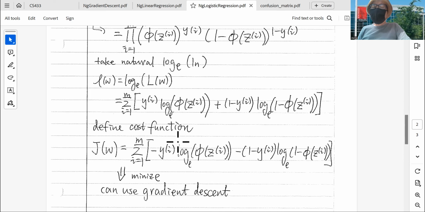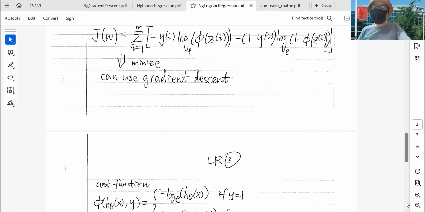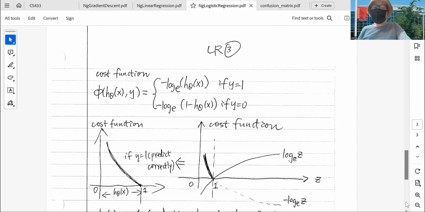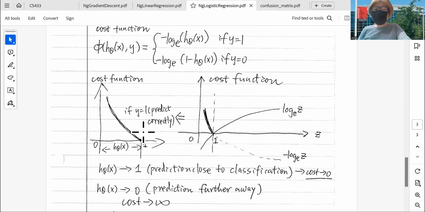And because the cost function is still a function of the weight W, we can still use gradient descent. So gradient descent still applies. If you take a derivative, you will be able to find it. And here the cost function basically has two values because y is either 1 or 0. It is classification. That's why you can find the cost function here.